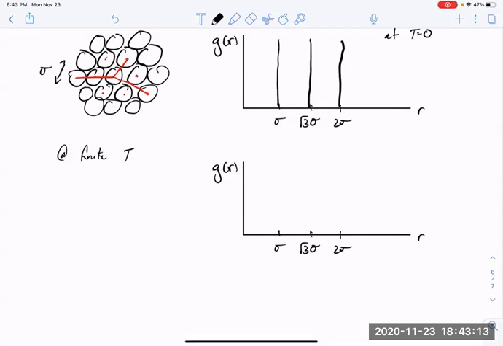Try this one more time. Like so. Okay, so that's a crystal.